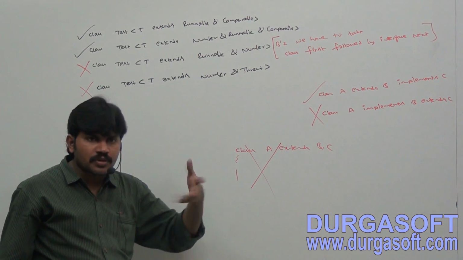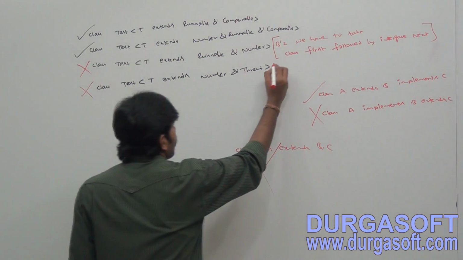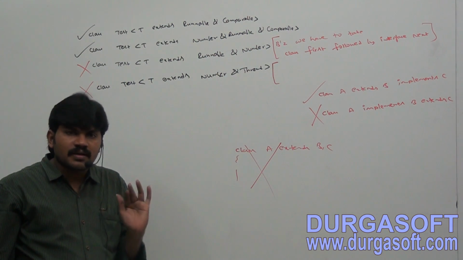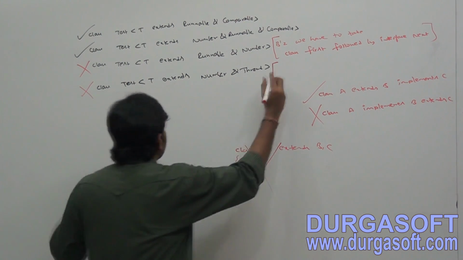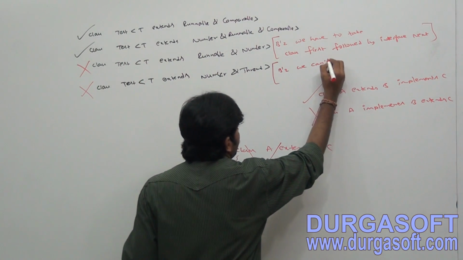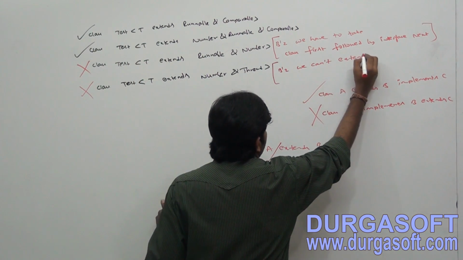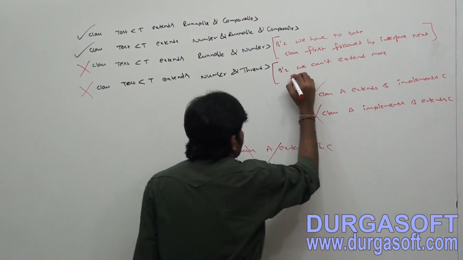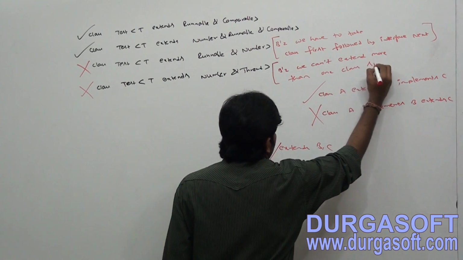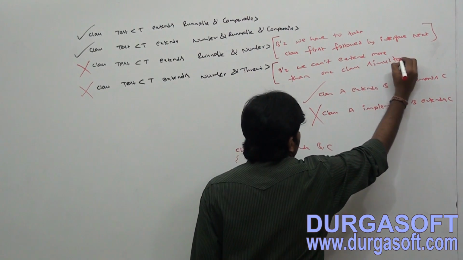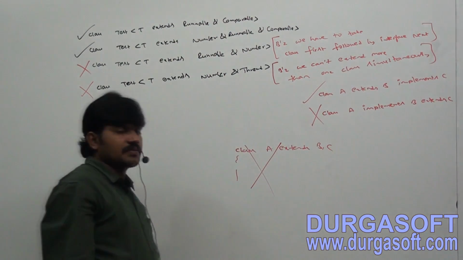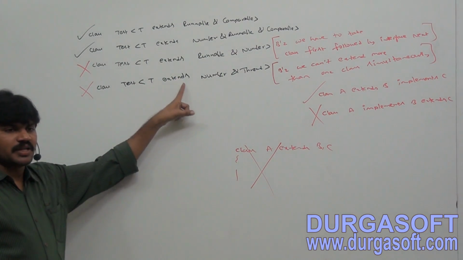How can you extend more than one class simultaneously? That's why this one is nothing but invalid.